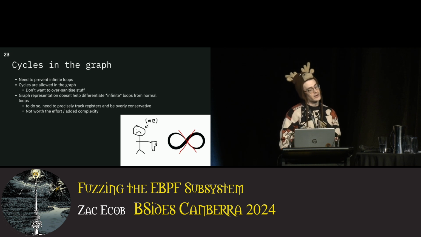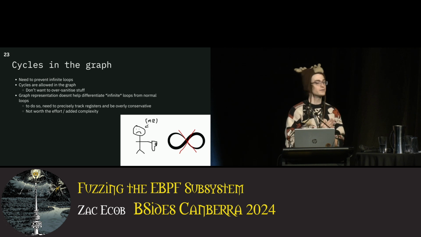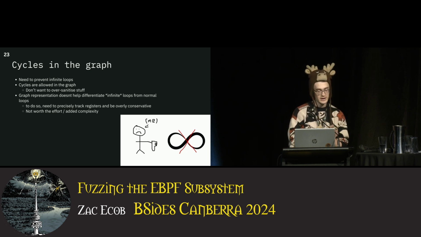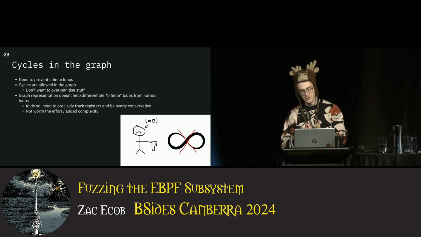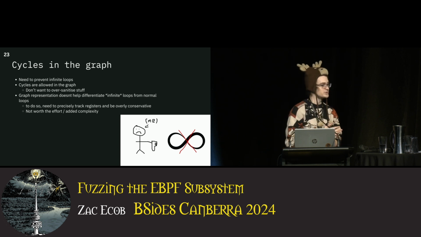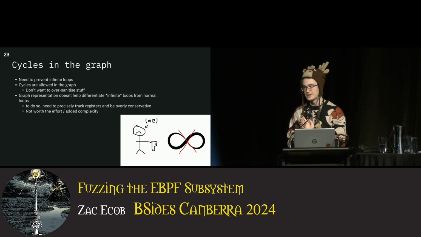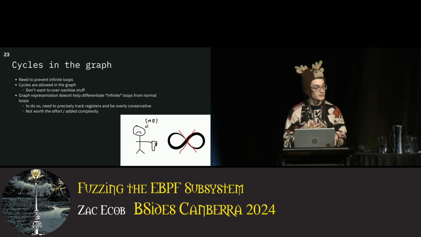So, to reason about infinite loops, I would need to precisely track the registers, their exact values, and be overly conservative. And what that means is I would just be copying the eBPF verifier and doing its job. And I don't want to do that because the verifier is kind of big and very complex.